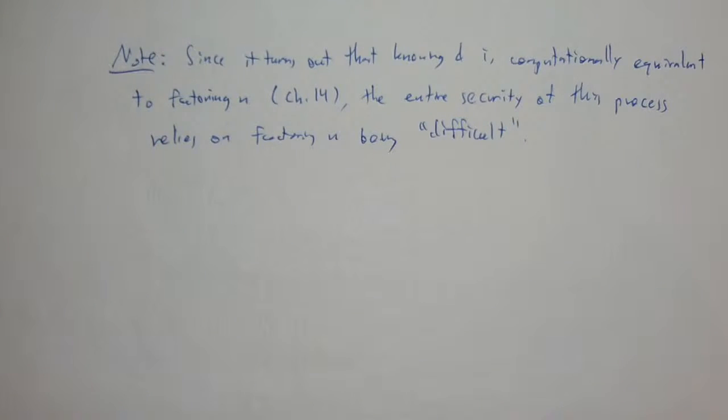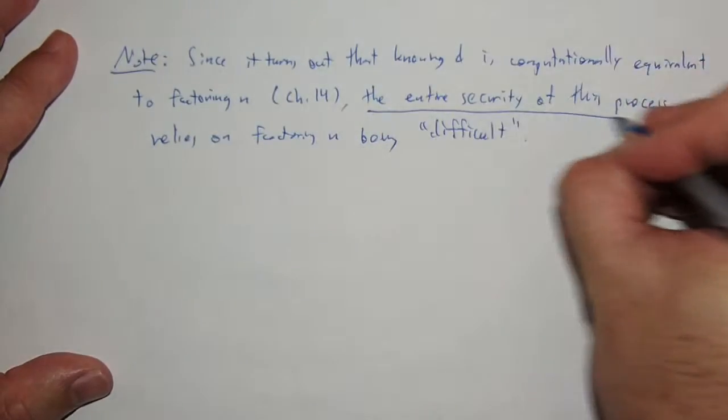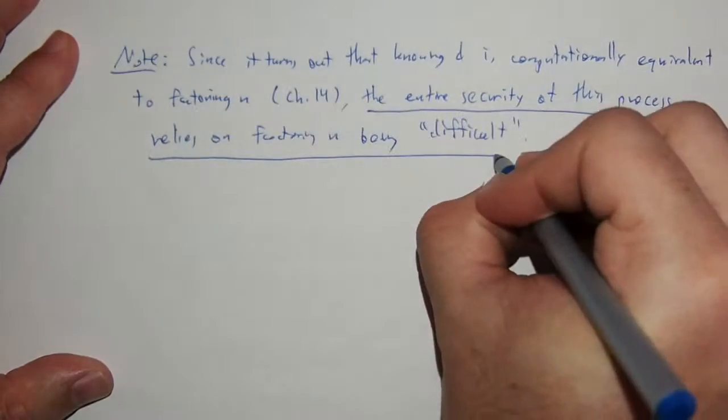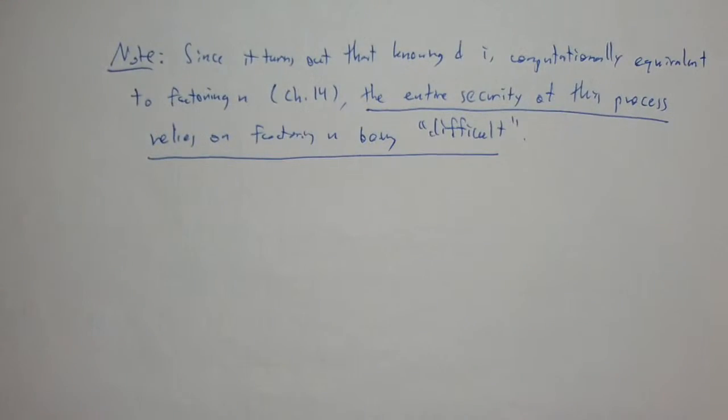Okay. So maybe I should underline that, since this is kind of the entire point of this algorithm. So factoring n is needed. This needs to be very difficult in order for this process to have any security at all.